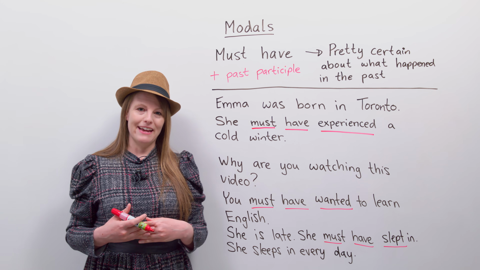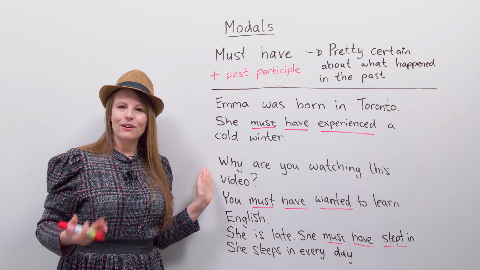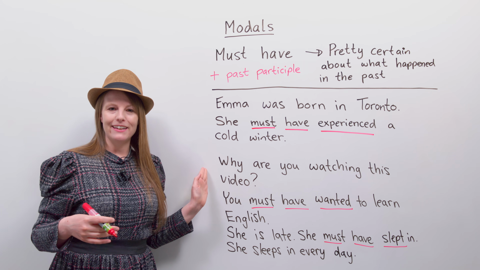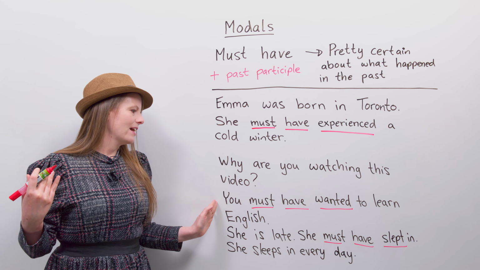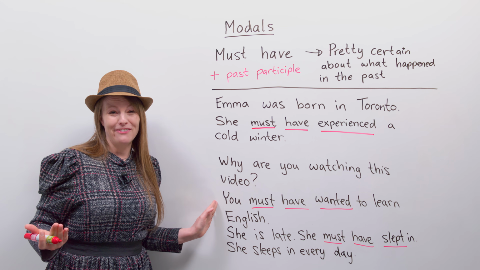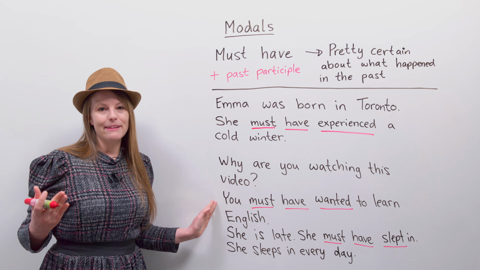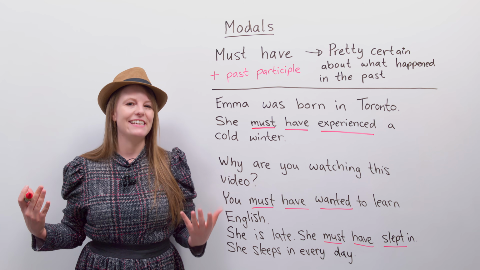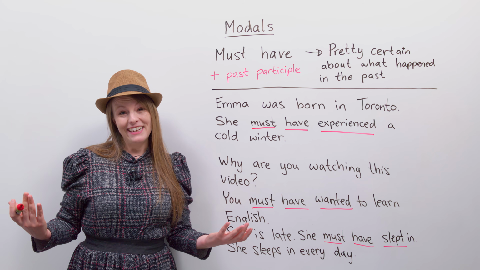Let's look at another example. So this one, I'm thinking about you guys. I might ask, why did you watch this video? You must have wanted to learn English. So this is something I'm pretty sure about. I'm certain that people watching this video want to learn English.